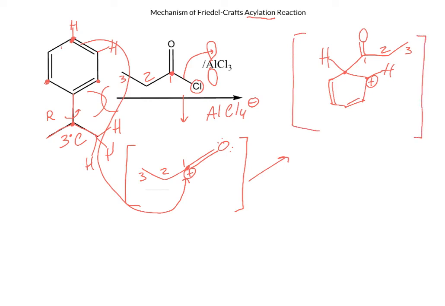And now we need to restore the aromatic character of the ring. In other words, we want to make sure that we have 3 double bonds and every carbon is sp2 hybridized.